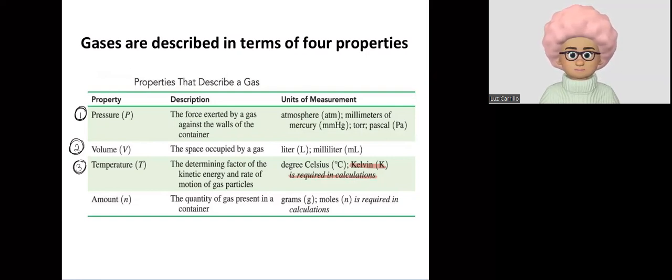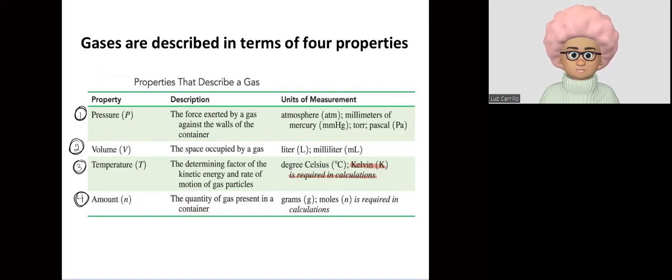The last property that we need to take into consideration for a gas is going to be the amount of gas. And the amount of gas is going to be defined as the quantity of gas that is present in the container.